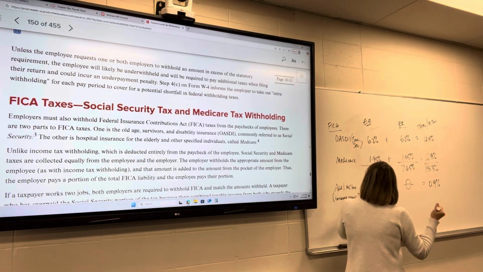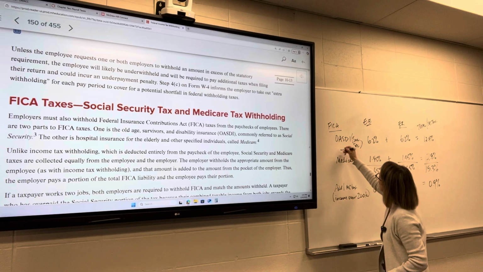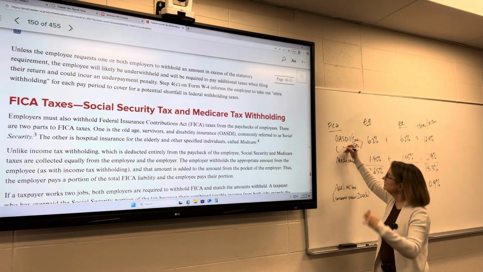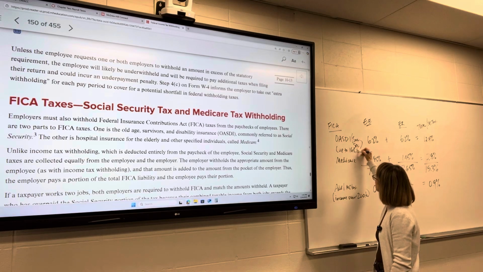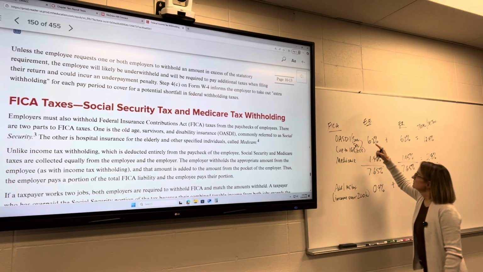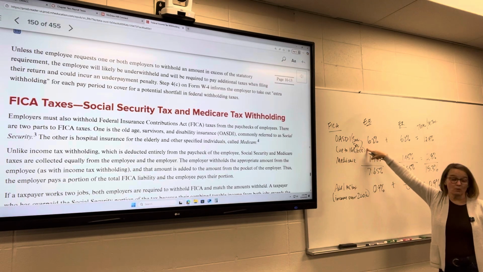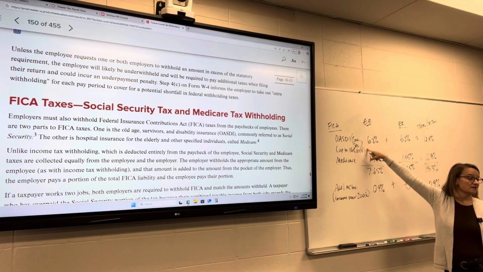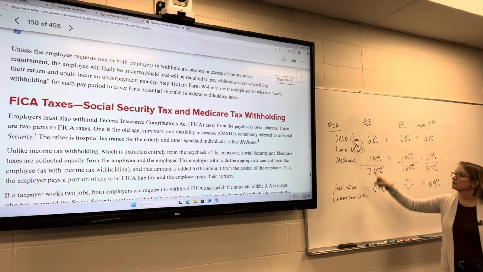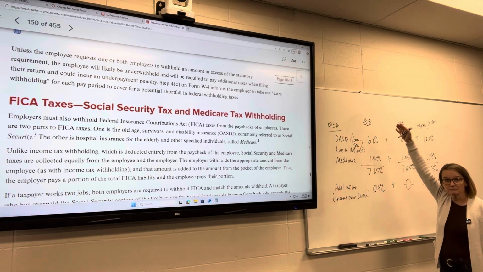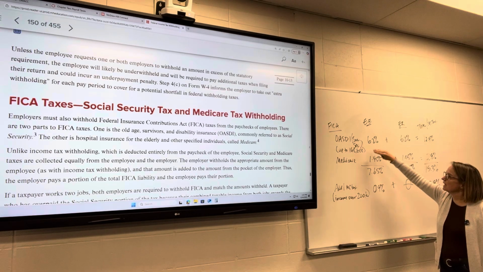The OASDI Social Security, remember, this only applies on earned income up to $168,600. So this stops at $168,600. This starts at $200,000. So this is a cap, essentially, a base.